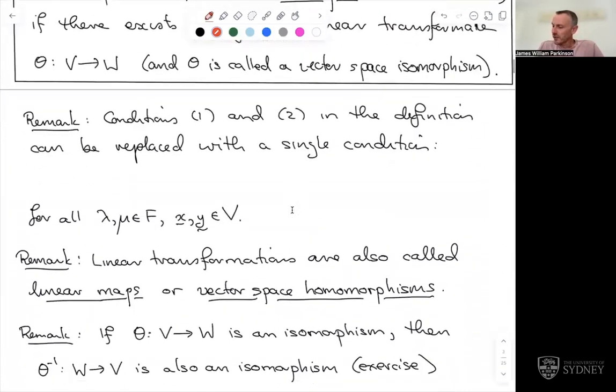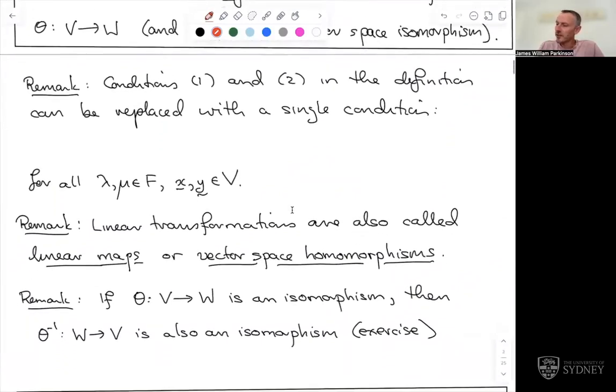First note that conditions 1 and 2 in the definition can be replaced by a single condition: theta of lambda x plus mu y equals lambda theta of x plus mu theta of y.